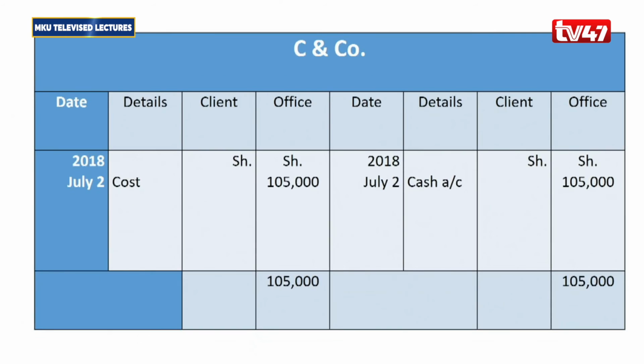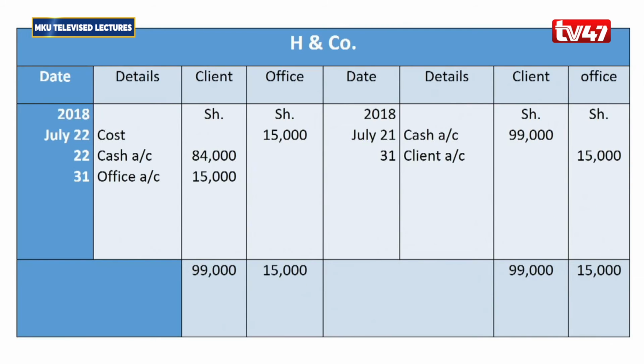So when you go to H&C, you realize that the money that we have received in this particular account is 99,000. But this cash involves 15,000, which is what we are referring to as the costs. These are the costs. When you add the two, you realize it's 99,000.